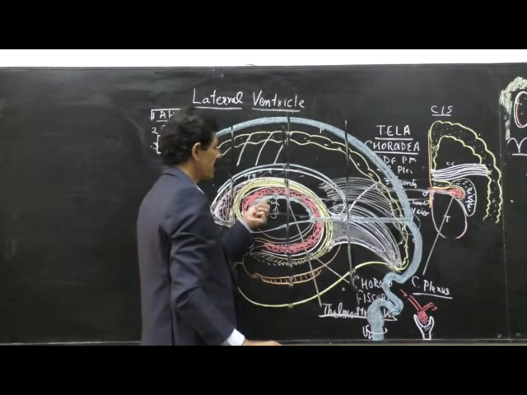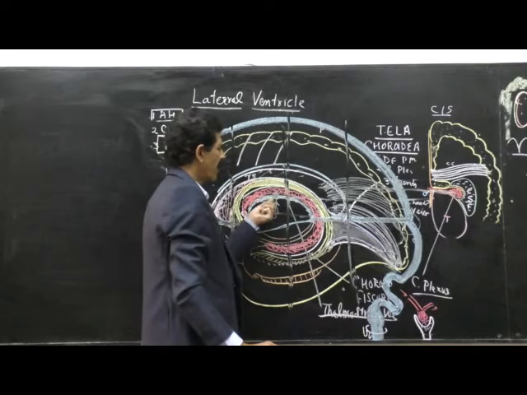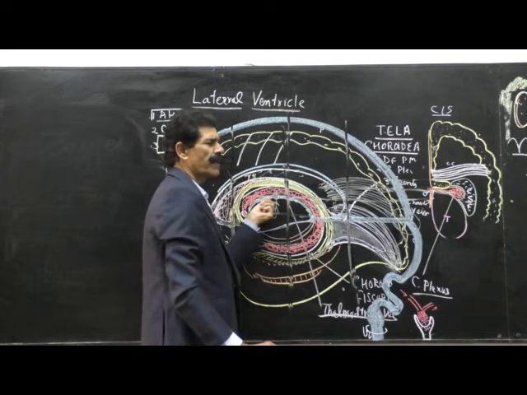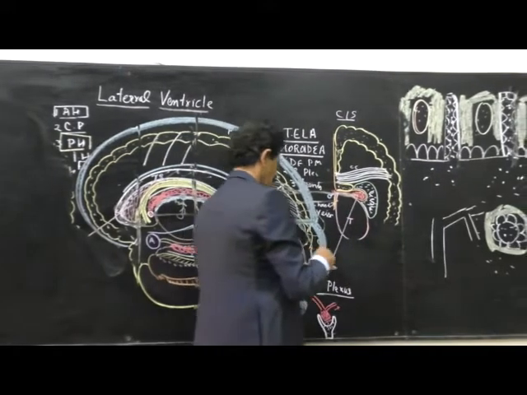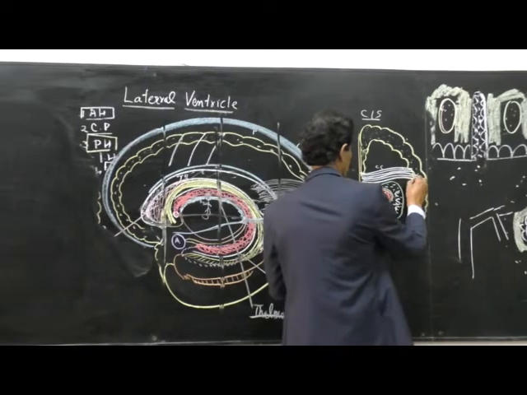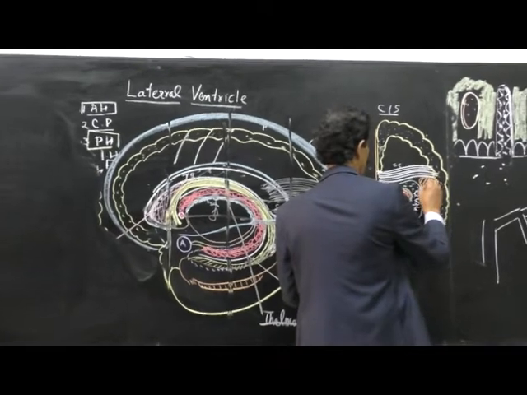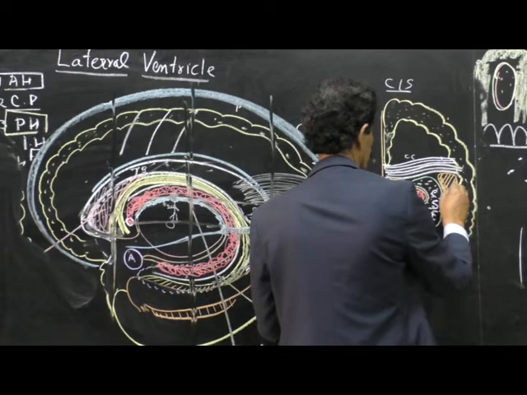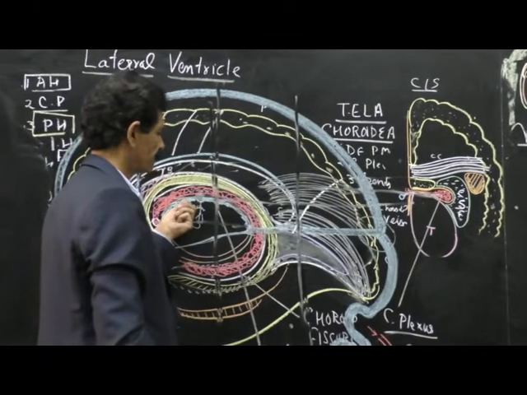The tela choroidea is below, so that lies in the floor. And the lateral wall, the lateral bulge in the central part, is formed by the body of the caudate nucleus, which forms the lateral boundary of the lateral wall of the central part.